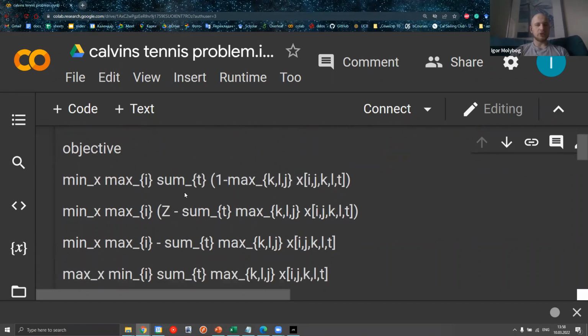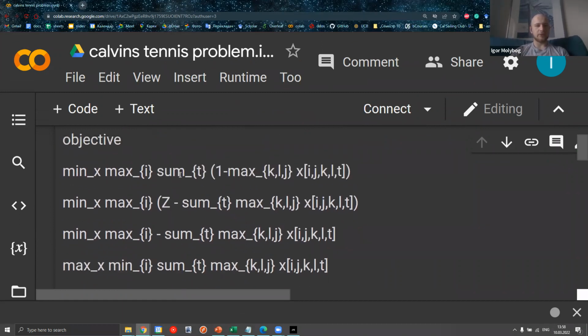The objective that I first formulated as minimization over x, maximization over i, summation over t of 1 minus the maximum over k, l, j of x_ijklt. Here we are considering a specific i.